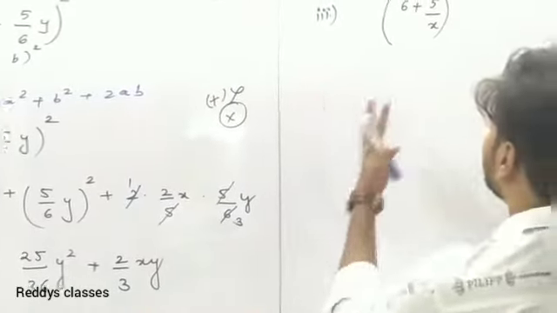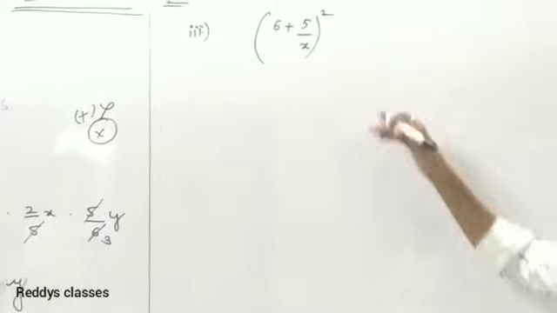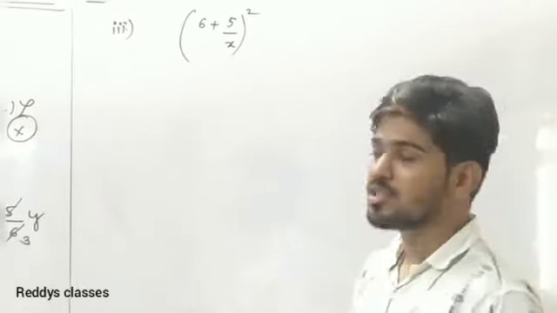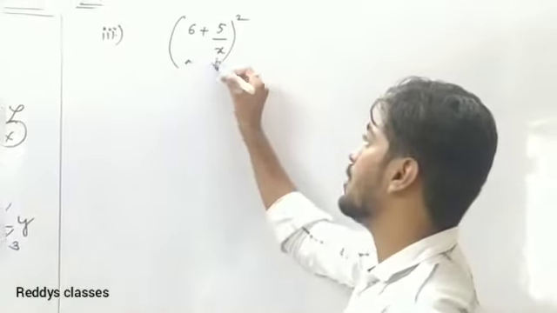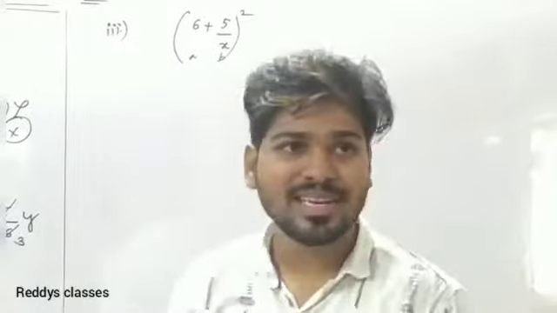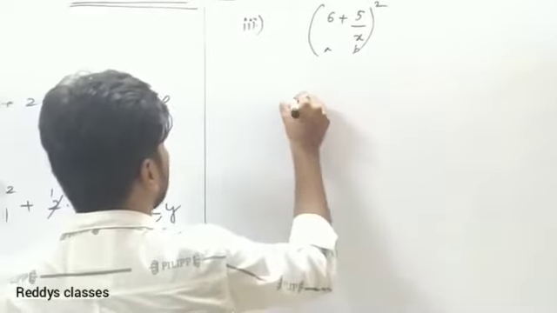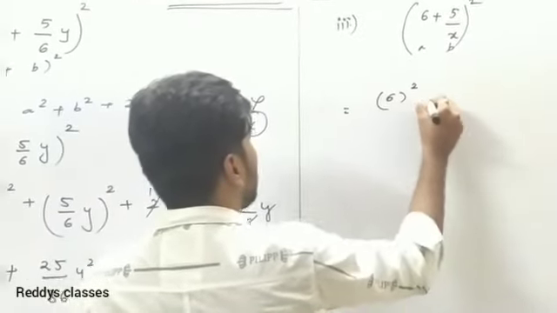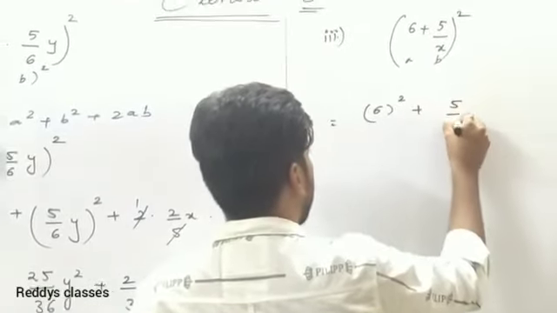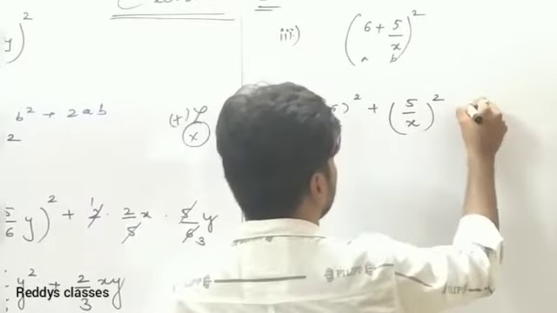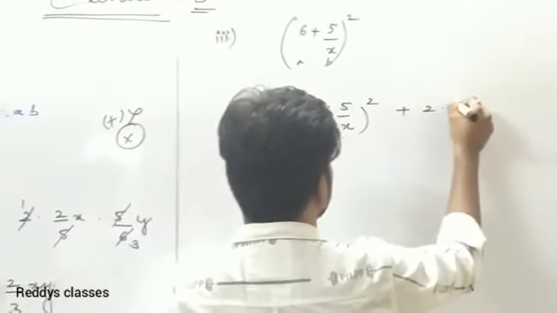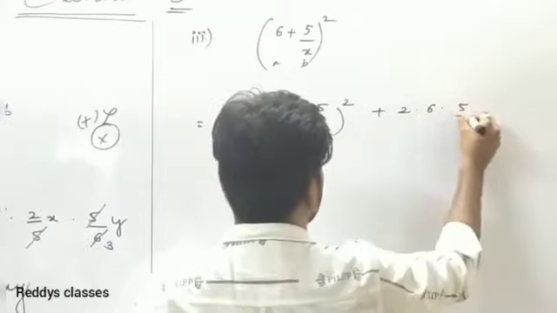Okay, let us see here. We have one more question: (6 plus 5 upon x square), this is our a, this is our b part. So let us start solving it. (a plus b) the whole square, once again, a square plus b square plus 2ab.